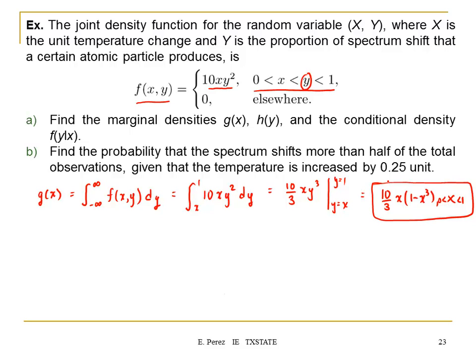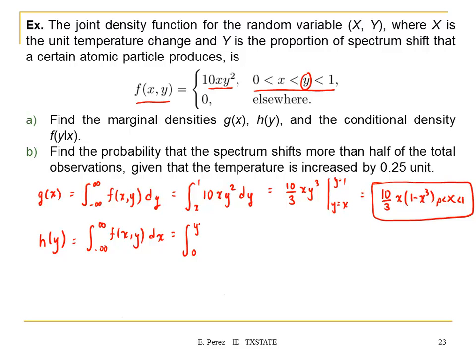Okay, so this is the marginal distribution for x using the joint distribution for the problem. Now we need to find the marginal for y, which is essentially the same process, but instead of doing an integral, just state the integral here, f(x, y) with respect to x. So this integral is going to go from where? 0 to y.